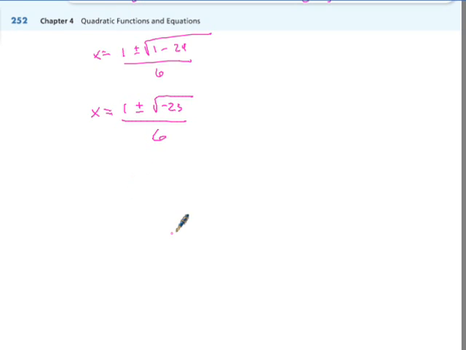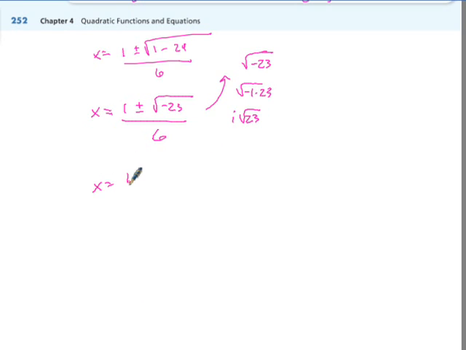From there, we need to remember that we can factor negative 23. The square root of negative 23 equals the square root of negative 1 times 23, which is i times the square root of 23. It might also make it easier if we split these two up.